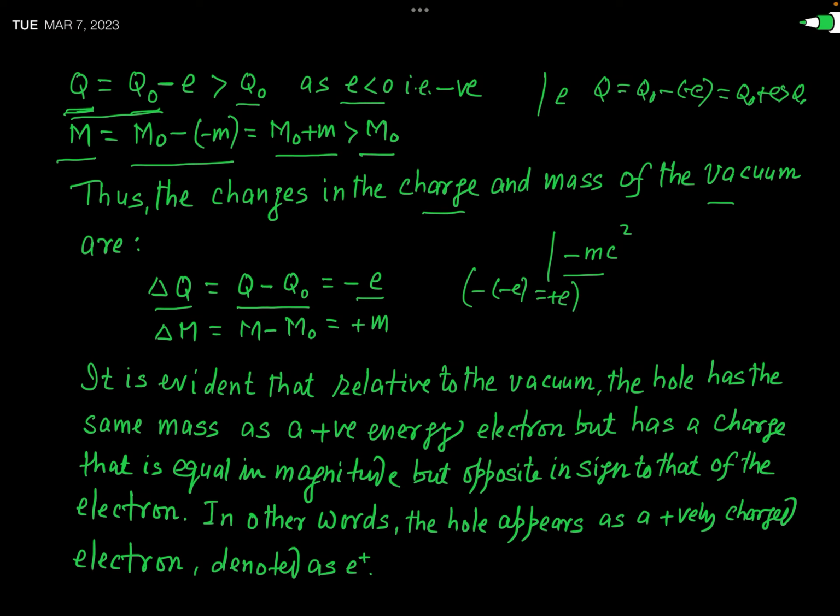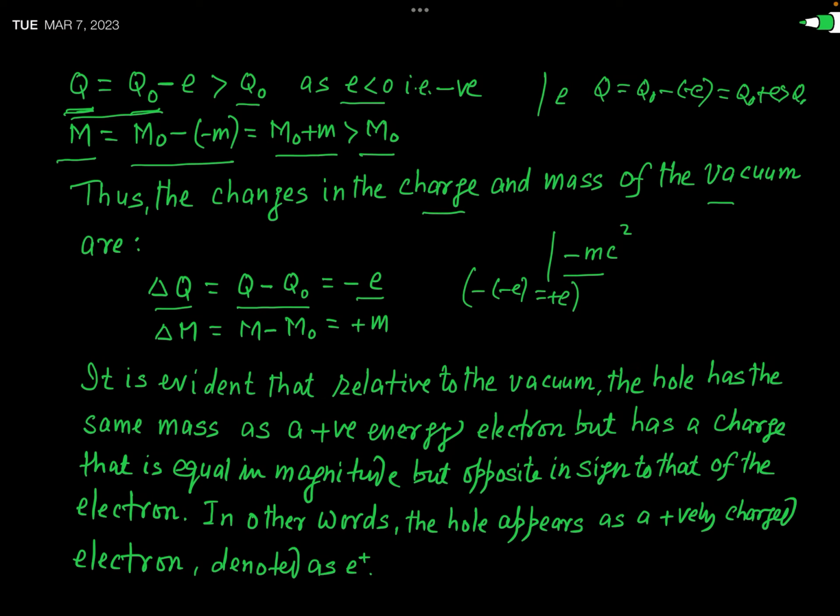So the hole created will definitely have a positive charge that will be equal in magnitude to the electronic charge, but in sign it is positive. The electron's charge, you know, is actually negative, and the hole created will have a charge plus e, that is equal in magnitude to the charge of the electron but opposite in sign.